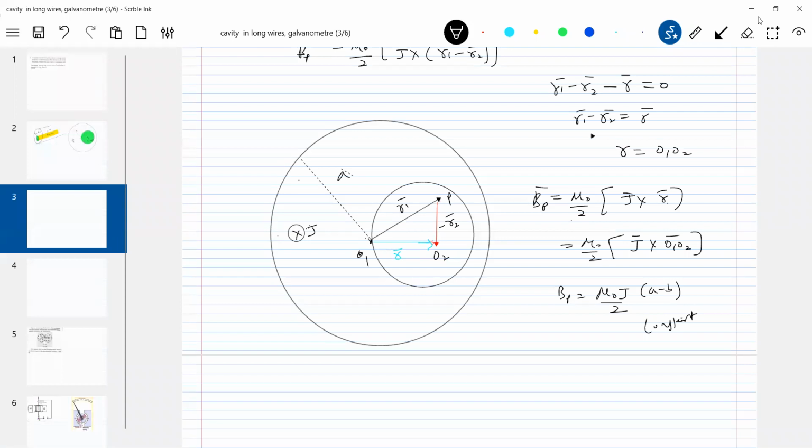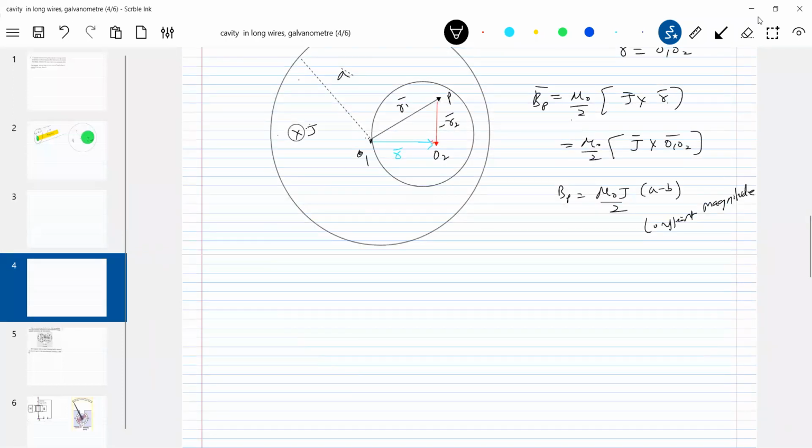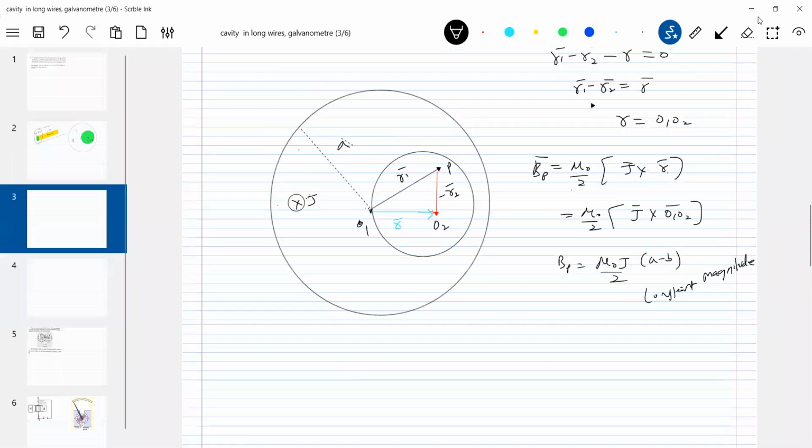So what should be the direction of B bar? Anybody here? The field inside the cavity will be uniform. How much? Constant magnitude. What about direction? Negative y-axis. So it should be perpendicular to the line joining the center of the wire to the center of the cavity. One more diagram.